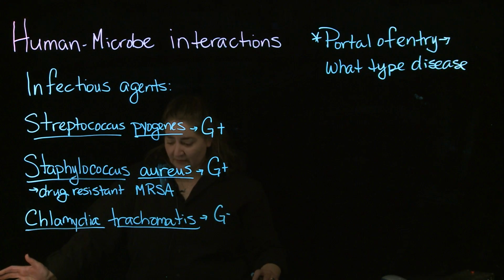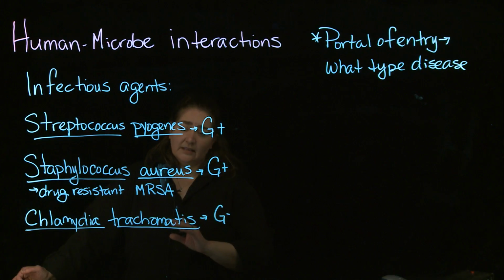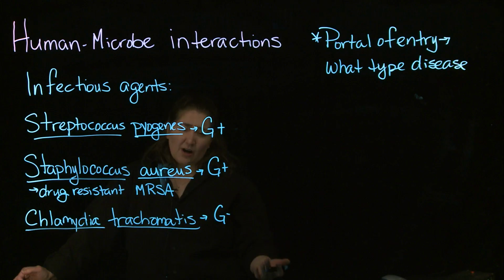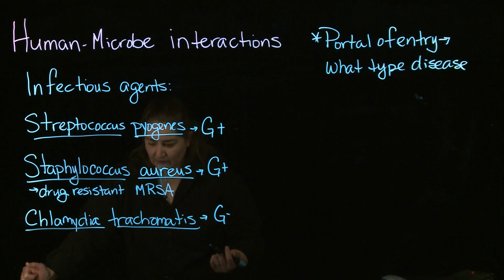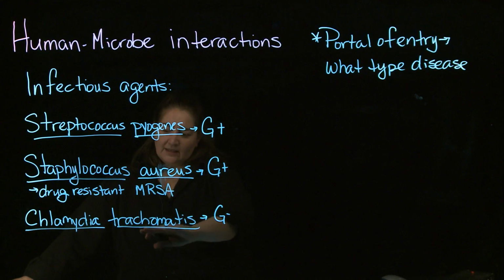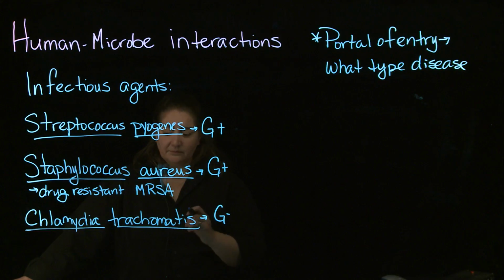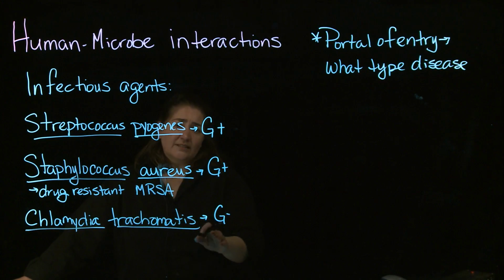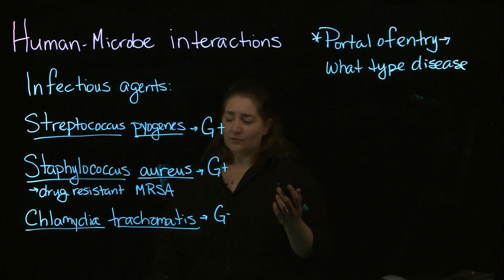It's one of the bacteria that can lead to infertility, not only in women, although it's more common in women, but also in men, because it can cause an inflammation of the prostate or the epididymis in men. With women, this is one of two bacteria that typically are associated with PID, or pelvic inflammatory disease.